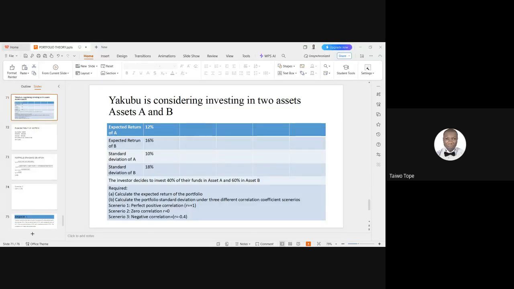Market return minus RF can also be referred to as what? Market premium.